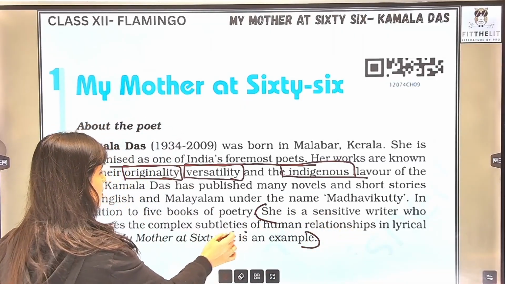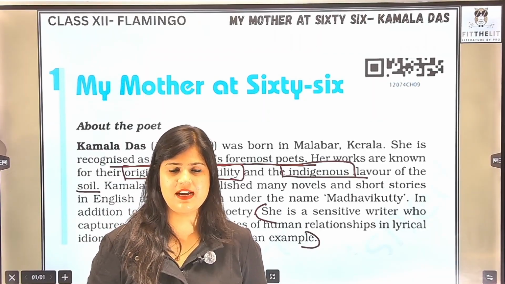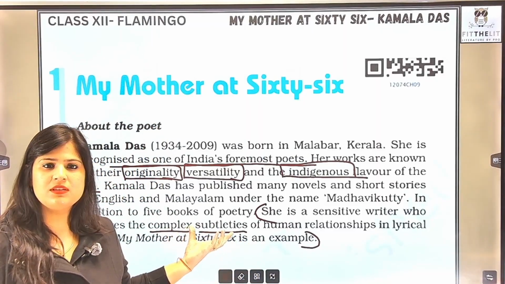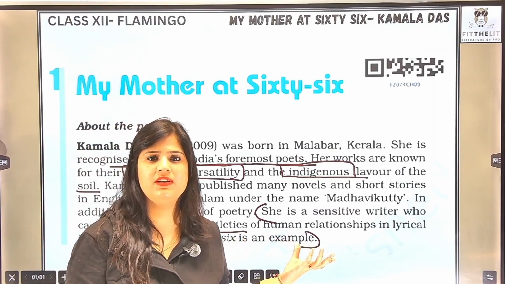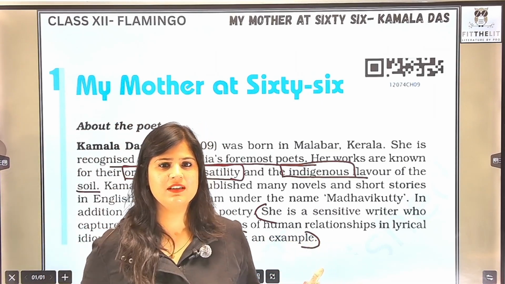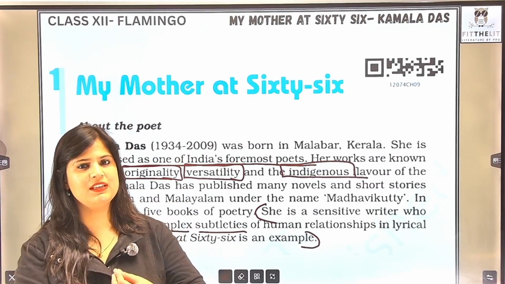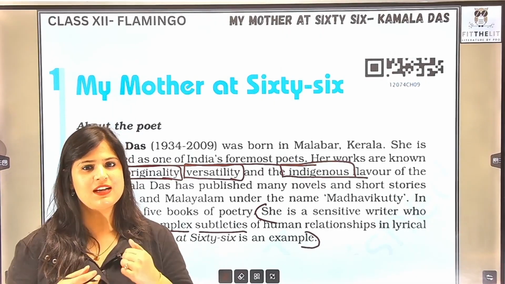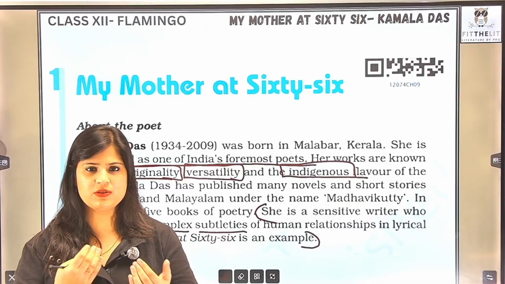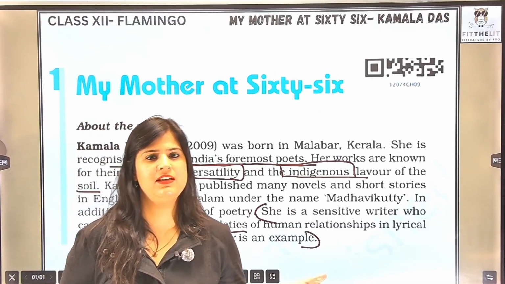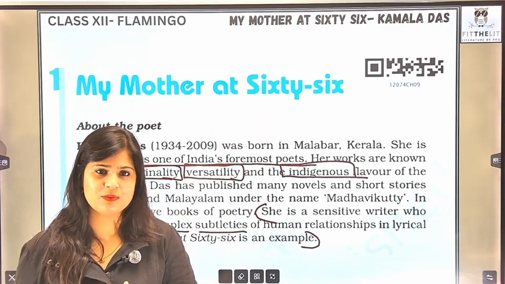Now subtleties meaning complex. First of all, complex means very difficult to understand, right? So she's talking about those difficulties, those situations which we find really difficult to understand in human relationships, right? फॉर एग्जाम्पल जैसे मदर फादर का रिलेशन होता है बच्चे के साथ, दैट काइंड ऑफ रिलेशनशिप. तो कभी कभार मदर फादर ऐसा लगता है कि दे आर डूइंग एवरीथिंग फॉर द सेक ऑफ अस, बट कभी कभार ऐसा लगता है कि वो हमसे हमारी फ्रीडम ले लेते हैं. तो इट इज अगेन अ वेरी डिफिकल्ट सिचुएशन टू कॉम्प्रीहेंड कि कभी कभार हमें मम्मी पापा ऐसे लगते हैं कि बहुत ही अच्छे हैं, हमारे लिए ही सोचते हैं, बट कभी कभार वही सेम मम्मी पापा हमें ऐसे लगता है कि डांट के चुप बिठा देते हैं हर बार.